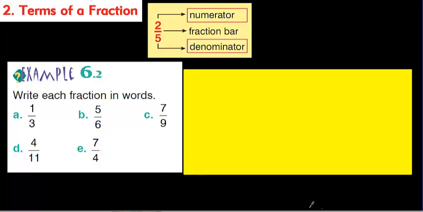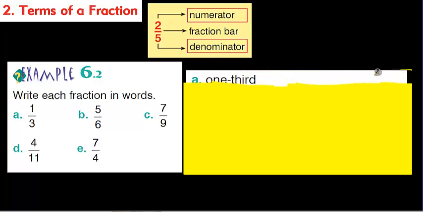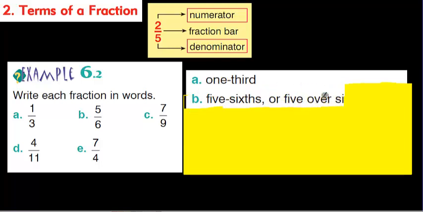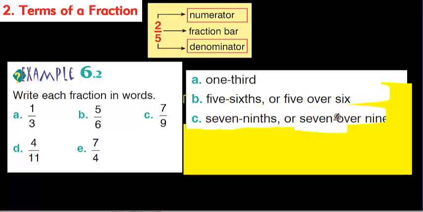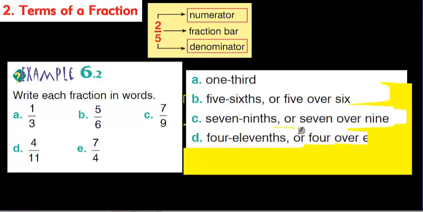And here, if I simply clean this, you can easily see how we are reading. 1/3 of it, 5/6 or 5 over 6, 7/9 or 7 over 9, 4/11 and 4 over 11.